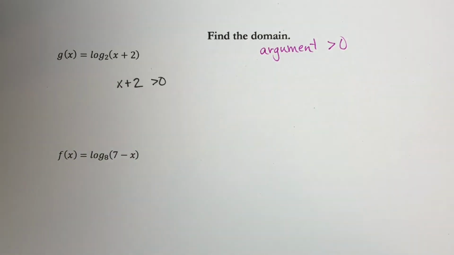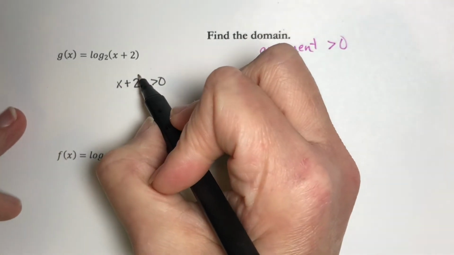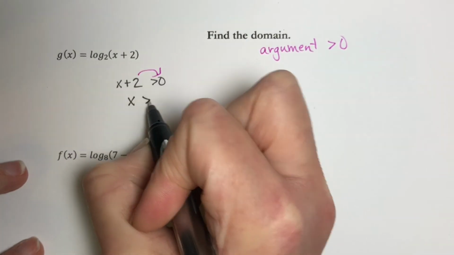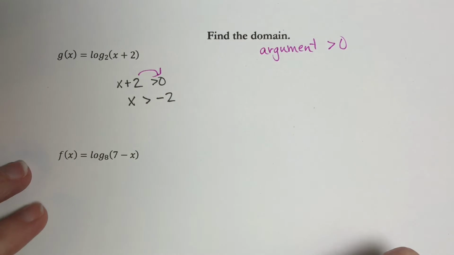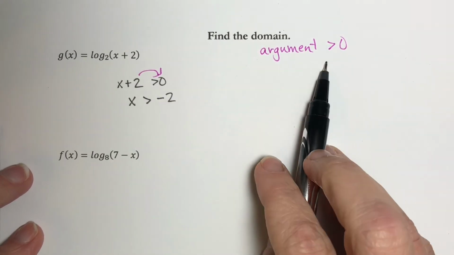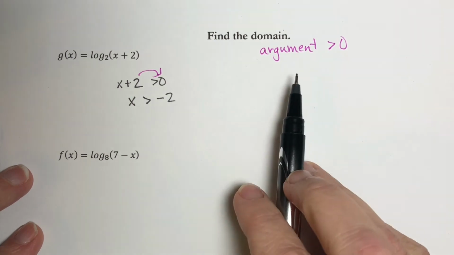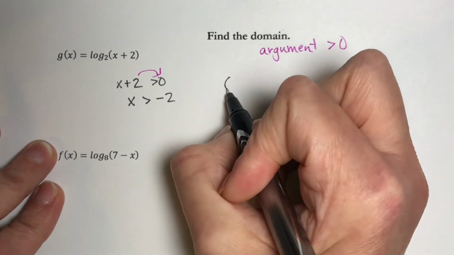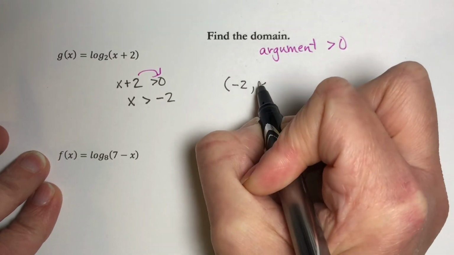So when does this happen? Just solve this. My x needs to be greater than -2. This is strictly greater than, not greater than or equal to. So when we write our domain in interval notation, it is going to look like -2 to infinity.